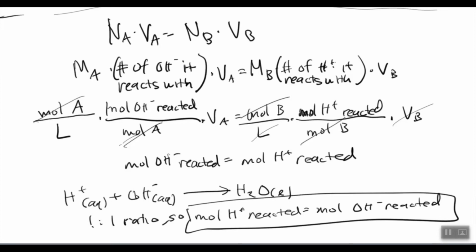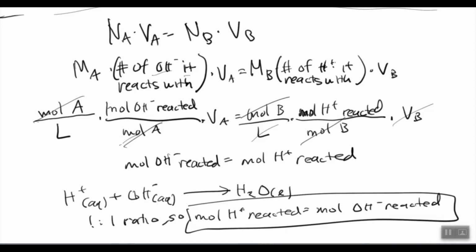NAVA equals NBVB. If we think about this, NA is simply the molarity of A times the number of equivalences, or the number of OH minuses it reacts with. In this case, we could either look at moles or molecules, it doesn't really matter.